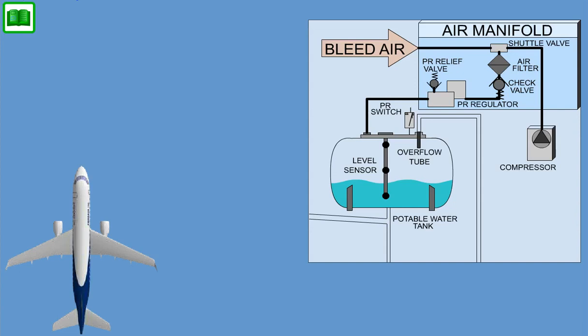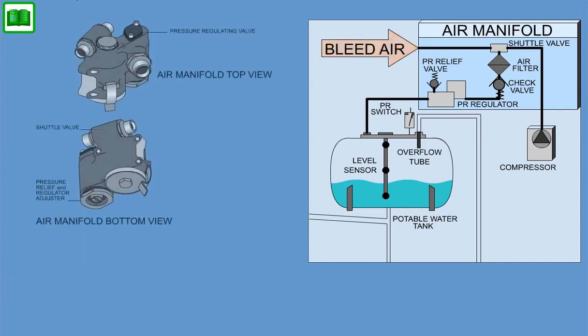The air manifold receives pressurized engine bleed air, APU bleed air, or pressurized air from a compressor. The air manifold is installed in the air line to regulate the compressed air supply to the potable water system. The air manifold contains a factory-adjusted relief valve and pressure regulator, an air filter, a non-return valve, and a shuttle valve.